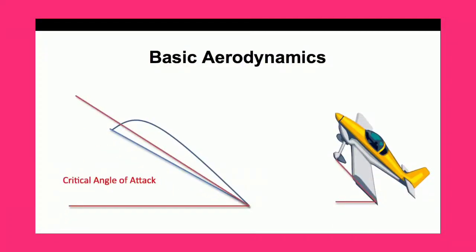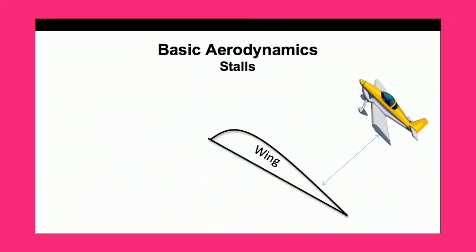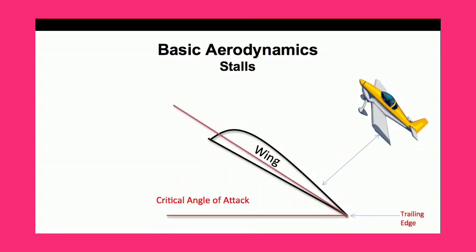However, when the angle of attack is increased beyond the maximum allowed, the lift is decreased. This causes what's called a stall. As we mentioned earlier, a stall is a result of a critical angle of attack.